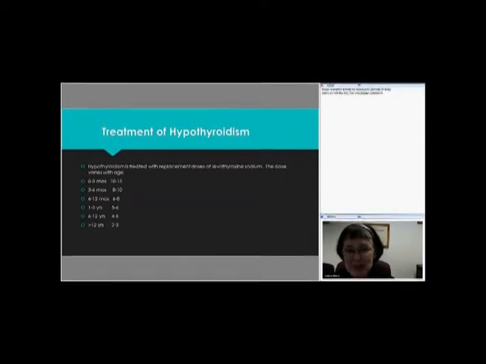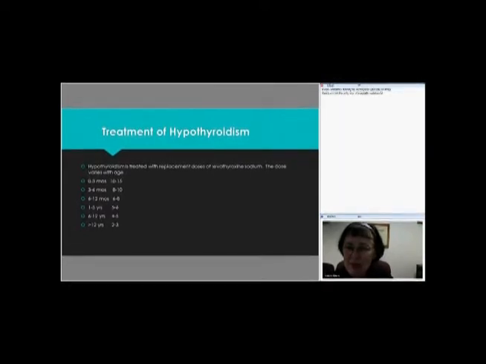Hypothyroidism is treated with replacement doses of levothyroxine sodium, and the dose varies with the age. So when you're looking at this, one of the things you certainly immediately notice is that the older the child is, the less thyroxine replacement that they're going to have.